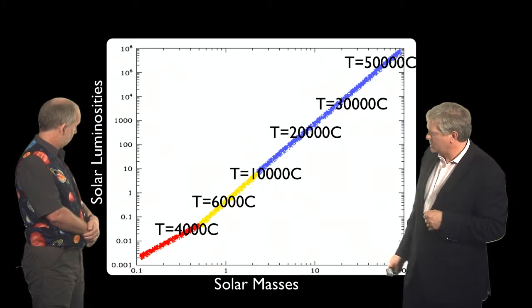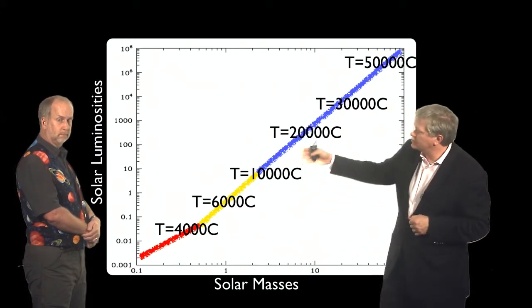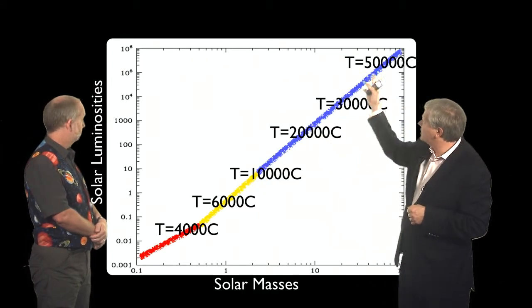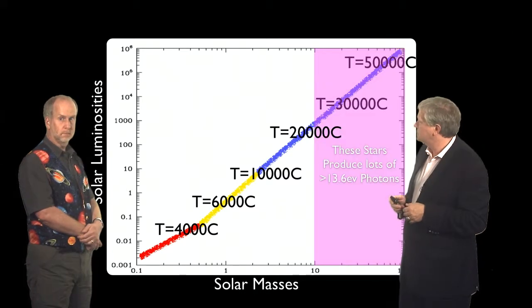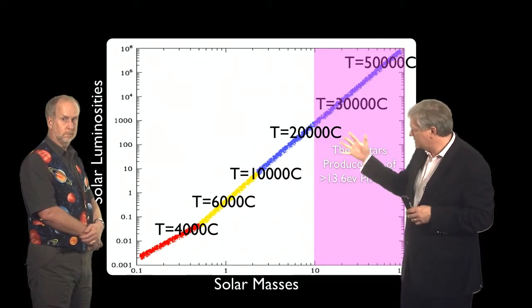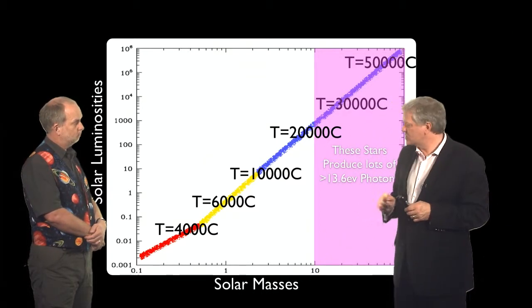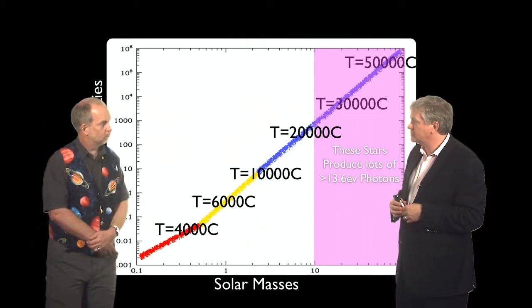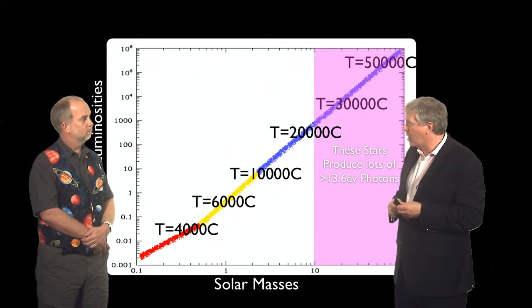We see that as stars become heavier, they become much brighter, so this is how bright they are in solar luminosities, and they also become hotter. And hotter things put out more ultraviolet. And so there is a place, starting at about 10 times the mass of the sun, where stars produce lots of photons that have enough energy. So we need a universe that would appear full of really big, hot stars.